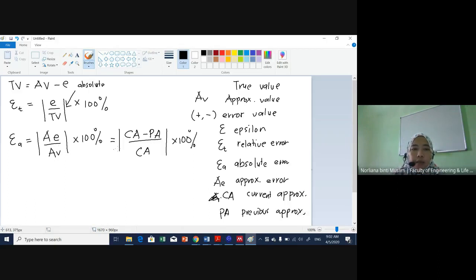Since there are two different formulas for this absolute error, which one to use depends on the situation, on what kind of information we have.